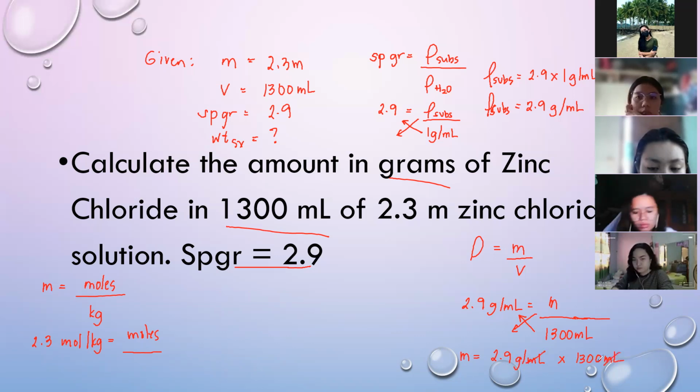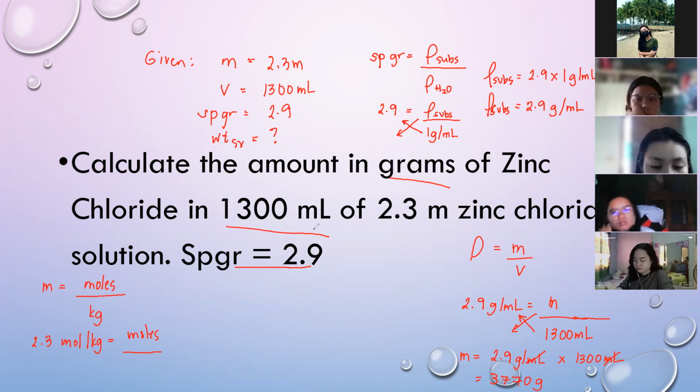And then, let's cancel the ml since nasa baba yung isa, nasa taas yung isa. 2.9 times 1,300 ml is 3,770 grams. Yan yung amount in grams of the zinc chloride solution.